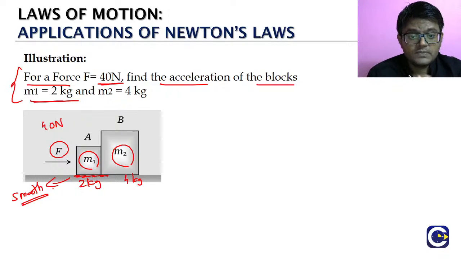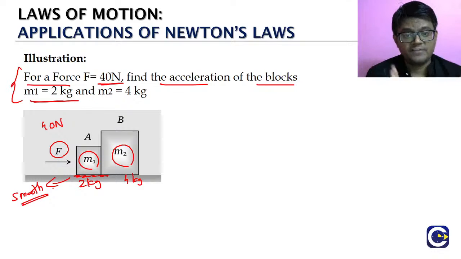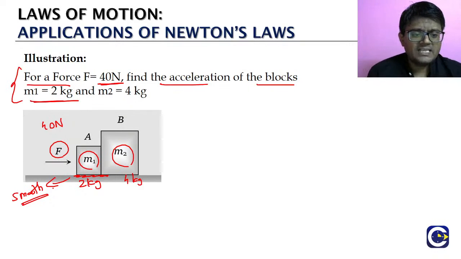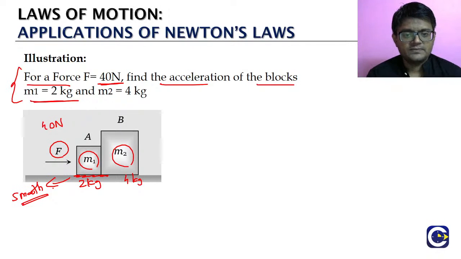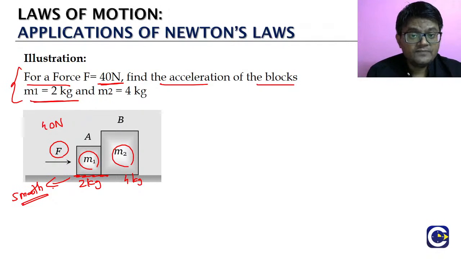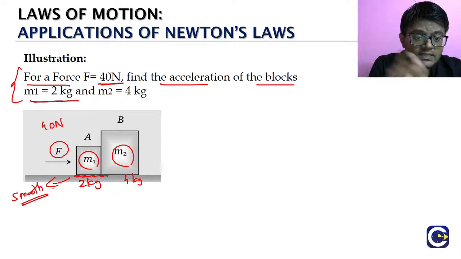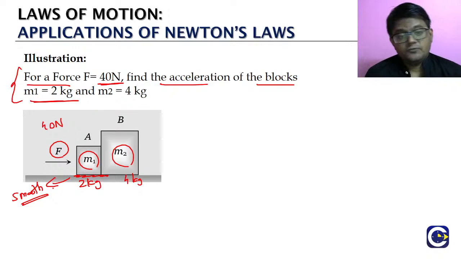If they don't, the general assumption is smooth surfaces. Mostly we will have smooth surfaces in these arrangements. If they give a rough surface case, they will tell us the surfaces are rough, and also give information about the frictional force.